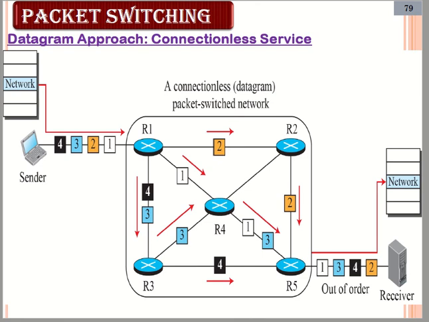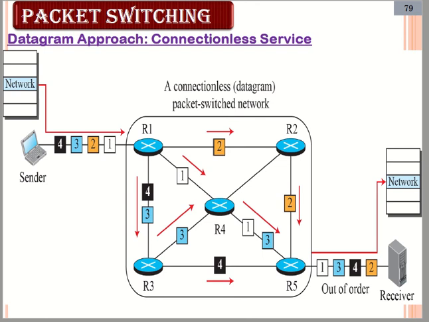So in this approach, the packets in a message may travel the same path to the destination, or they might take different paths based on the traffic in the channel.